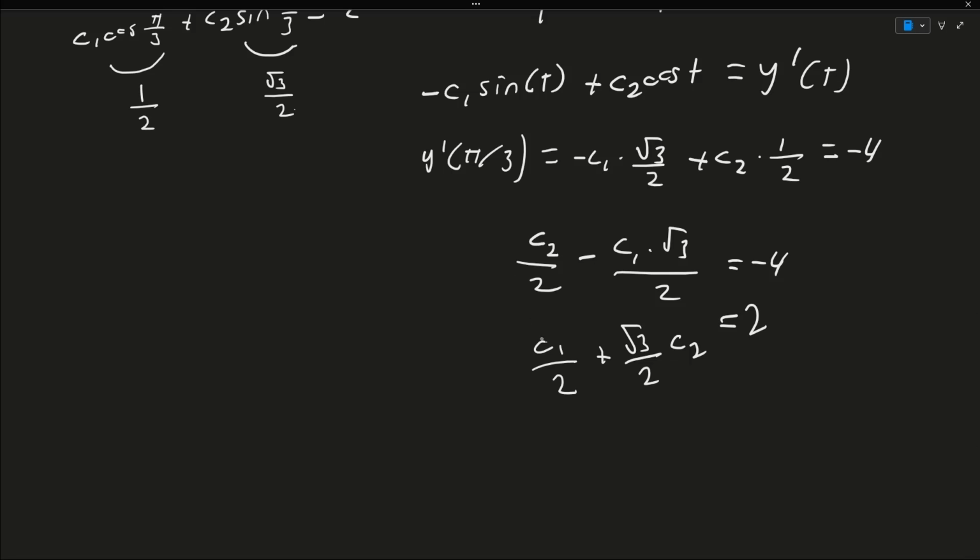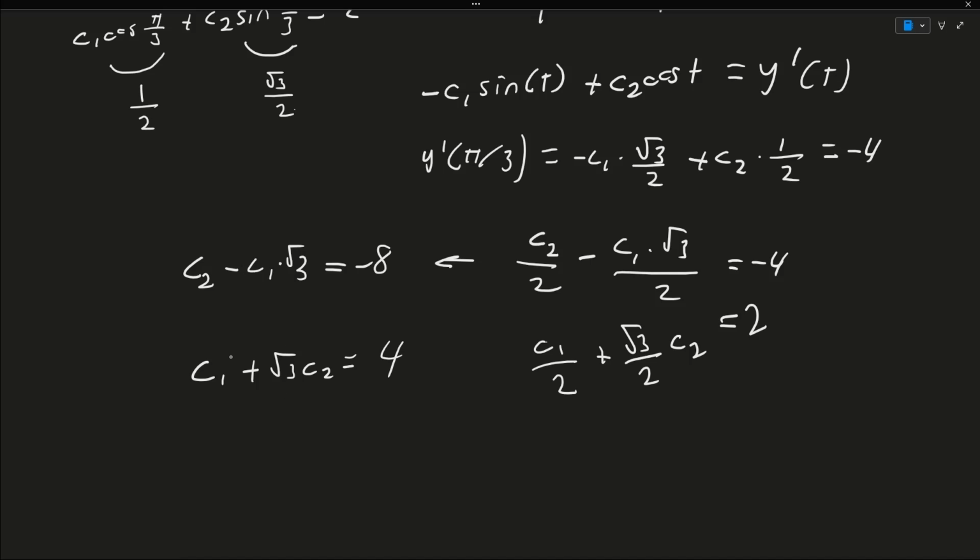What we can do about these is, instinctively, I just want to multiply everything by 2 so we can make these equations look much better. So we're going to have c2 minus c1 multiplied with root 3 equals negative 8, and c1 plus root 3 c2 equals 4.